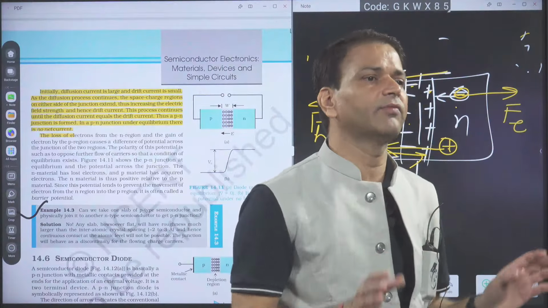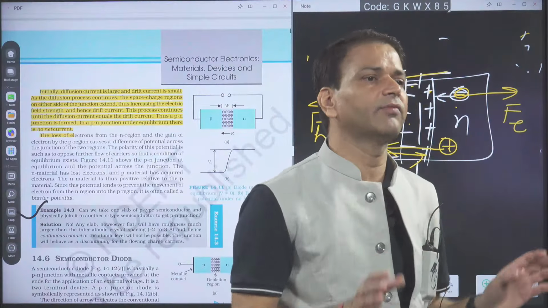This external field will oppose the internal field. If this external field is strong enough, then what will happen? Majority carriers will flow.